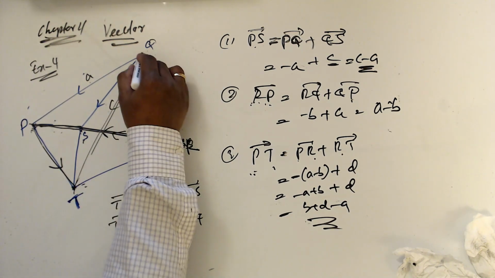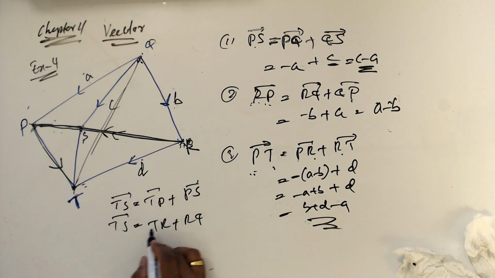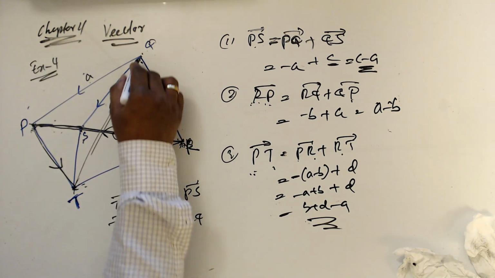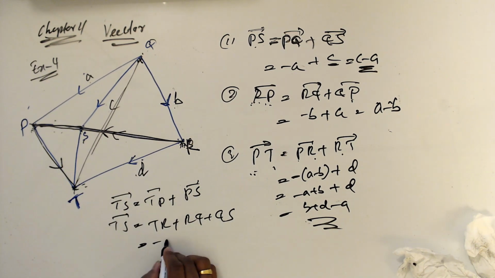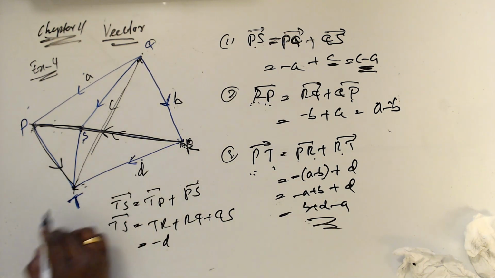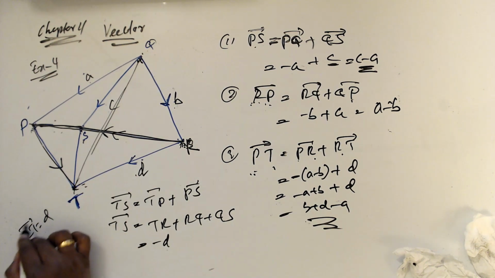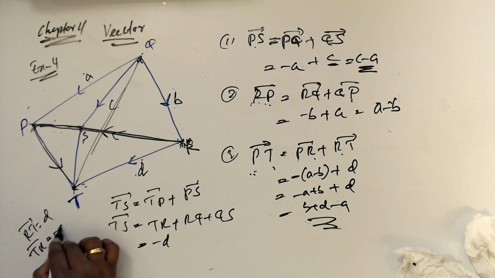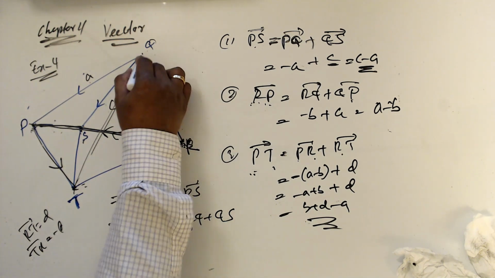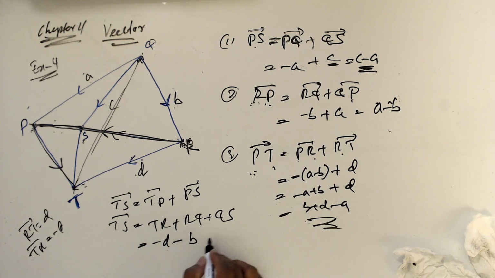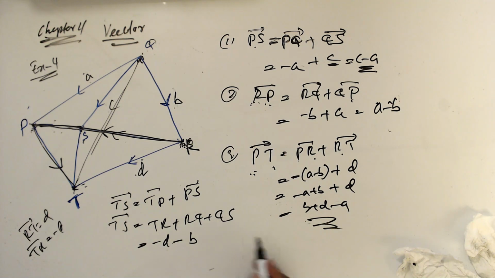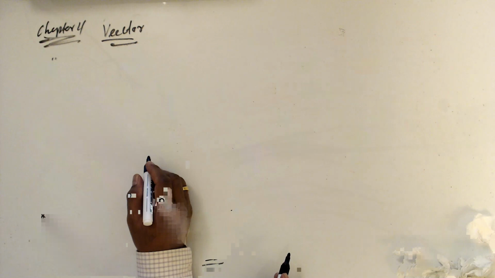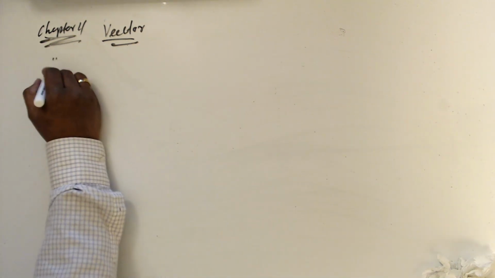Then TQ plus QS. You can write everything as TR, RQ, QS. So TR is minus D, because RT is D. Then this is minus B, and QS. Do we know QS? It is C. Let's see. Now we did vector addition.